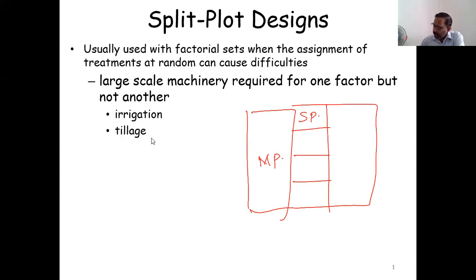Why is factor A needed in the main plot or the large plot, and factor B needed in the subplot? What is the reason behind it? Why in practice do we need a different plot size? For example, look at it: irrigation and tillage.